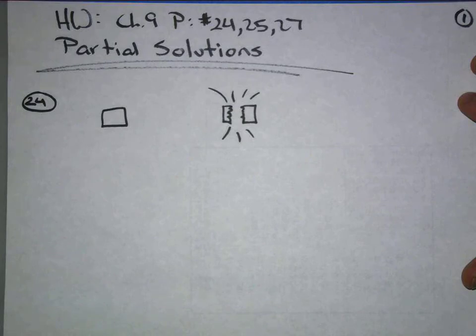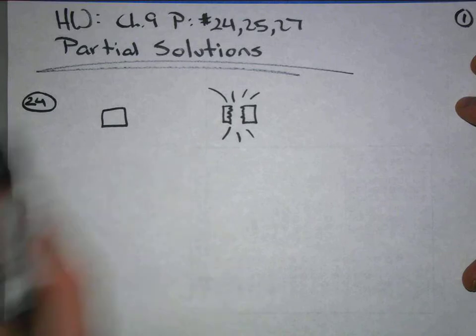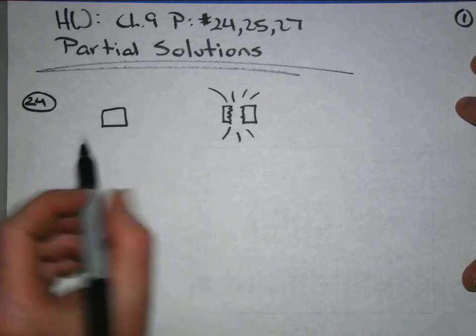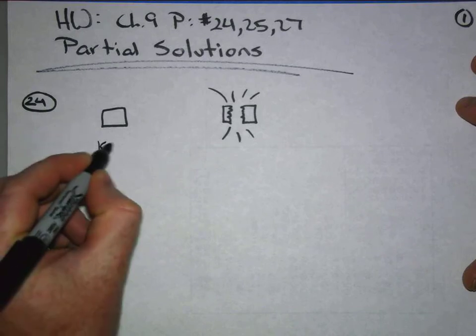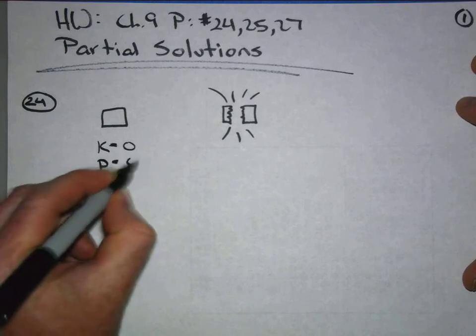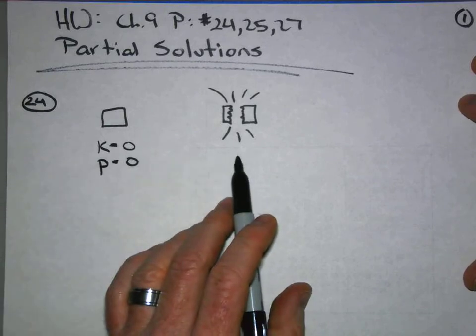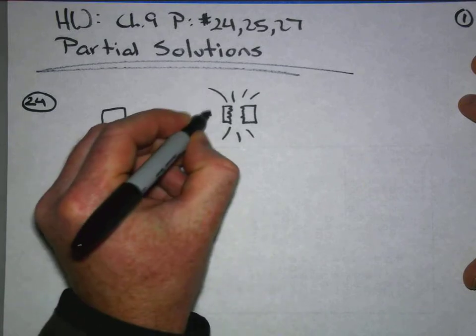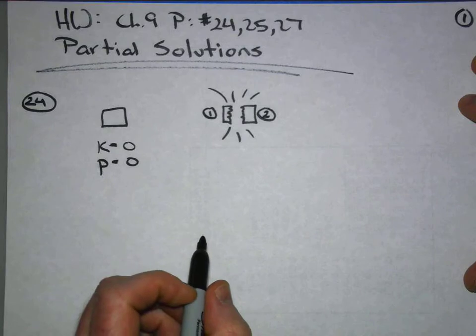There's a little bit of information that we are given and that we can discern from these two situations. Before the explosion, this object, as far as we can tell, has zero kinetic energy, and also it has zero momentum, as far as we know. After the explosion, there's piece 1 and piece 2.